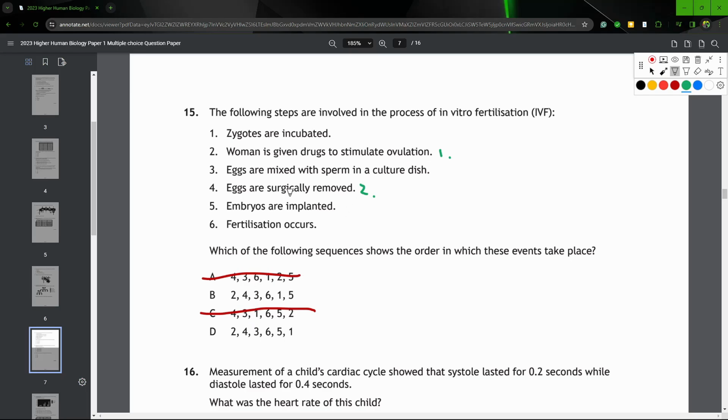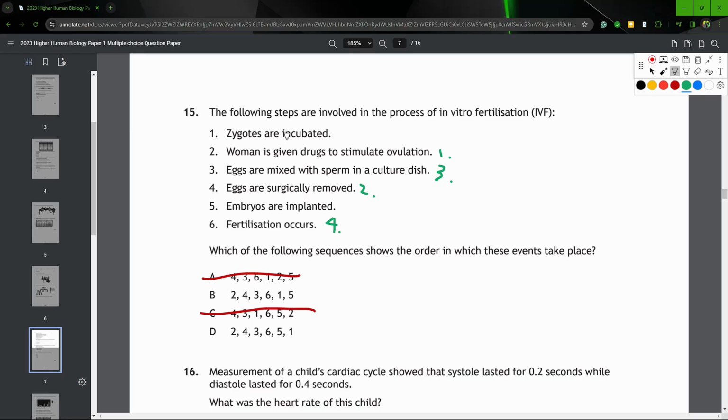Let's check this makes sense. The eggs are collected, and then they're mixed with sperm and cultured. That makes perfect sense. Then fertilization occurs, which is what happens when you mix sperm and eggs. The only difference is what comes next: are they incubated first or implanted first?